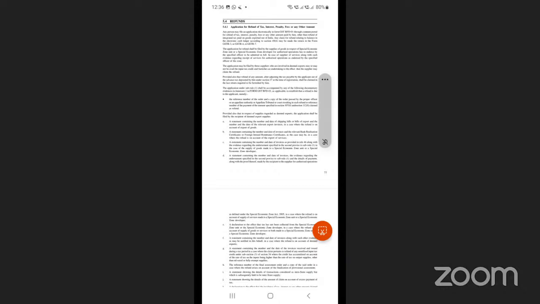And when we want to calculate how a refund amount is supposed to be calculated, the refund amount can be calculated by taking the turnover of zero rated supply of goods plus the turnover of zero rated supply of services.